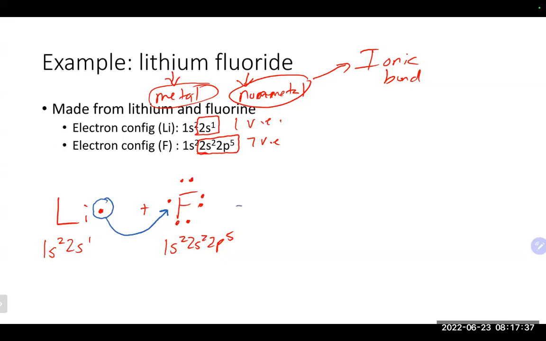The result is we will get a lithium that now becomes positively charged because it lost an electron as it transferred it over to fluorine. And we will also get a fluorine that picked up an electron and then becomes negatively charged as well.